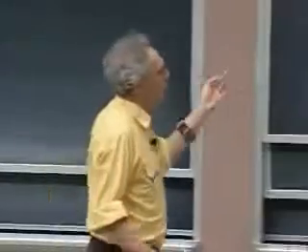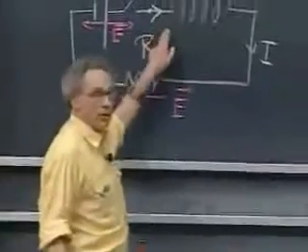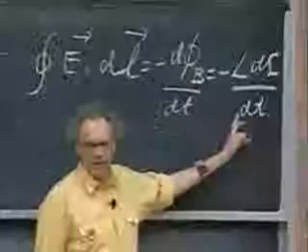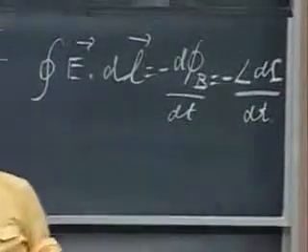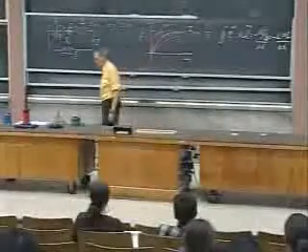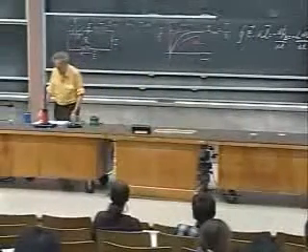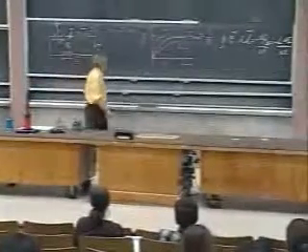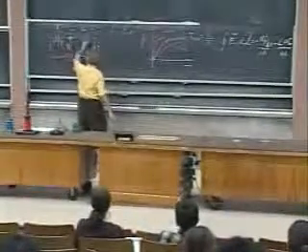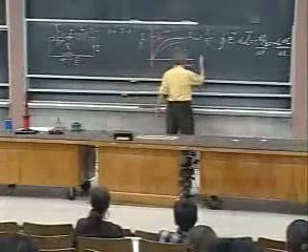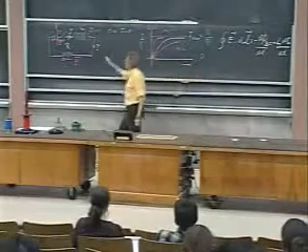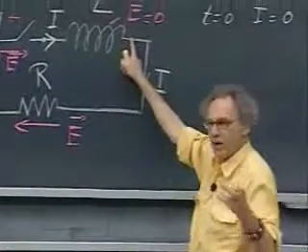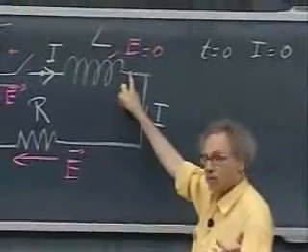They will tell you that you really guessed the wrong direction. But always go around the loop in the direction of the current, because then the EMF is always minus L dI dt. If you go in the direction opposed to the current, then it is plus L dI dt, and that could become confusing. So I always go in the direction of the current. And so I first go through the self-inductance. There is no electric field in the self-inductance, so the integral of E dot dl in going from here to here is 0. This is where the books are wrong. It is 0.